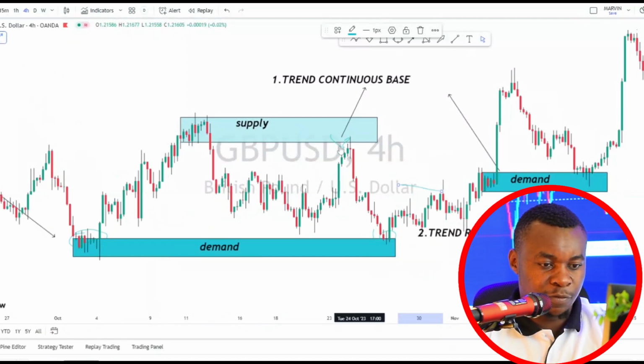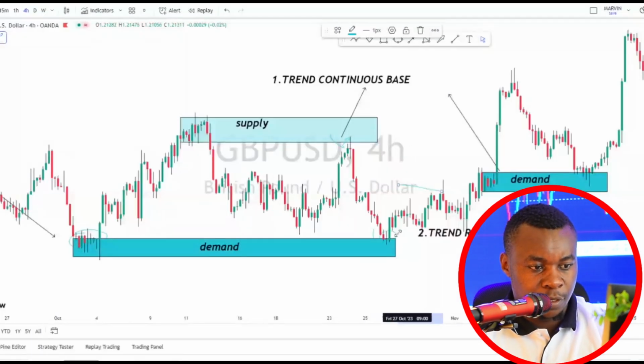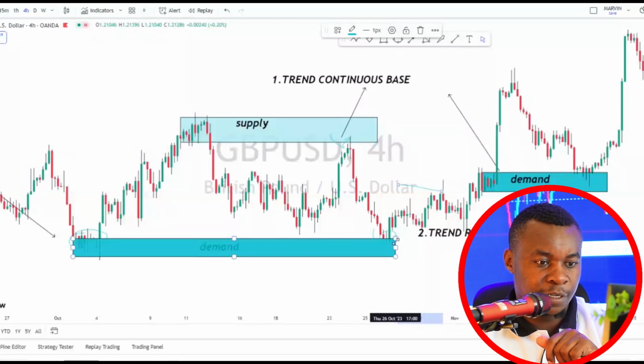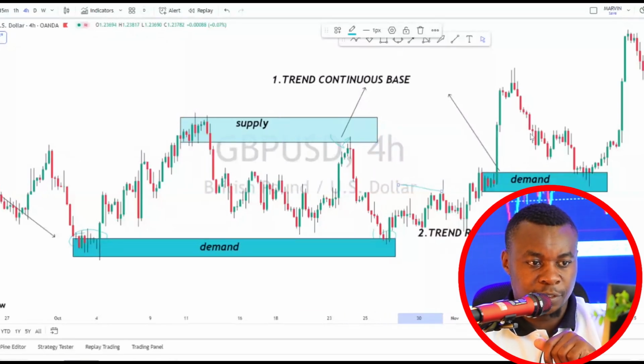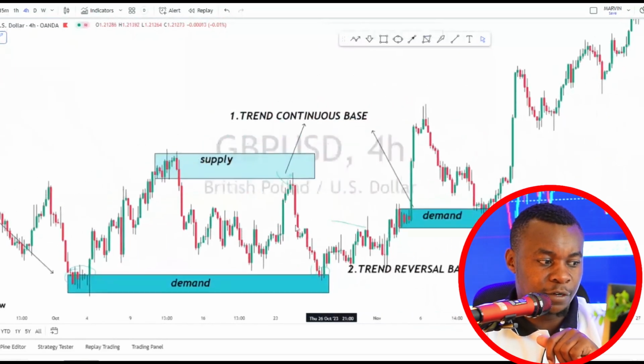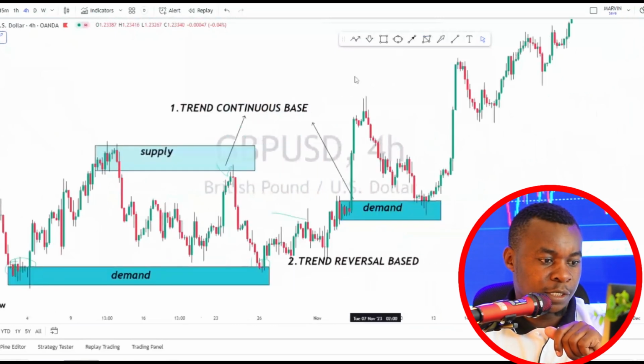So at this particular point, someone who trades with the concept of demand and supply will know that all the orders have been utilized here with this supply. So buying from the demand means that this market is more likely to take out the supply zone. So probably it will change its character now. It will be the start of a reversal from this downtrend to a general uptrend, a possible swing.